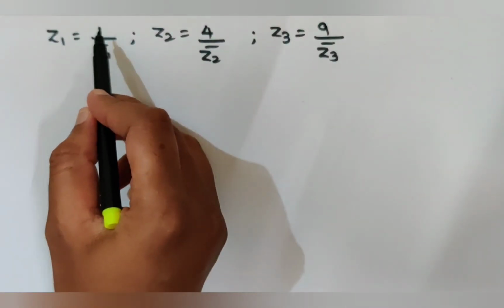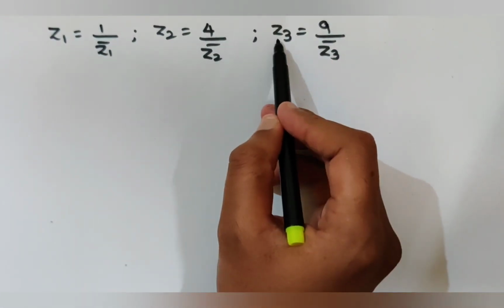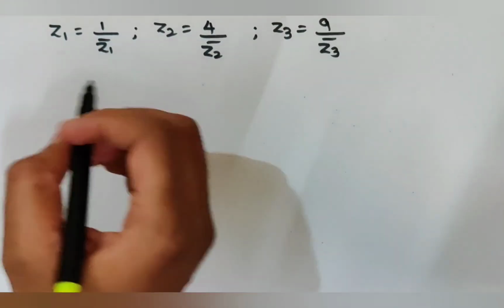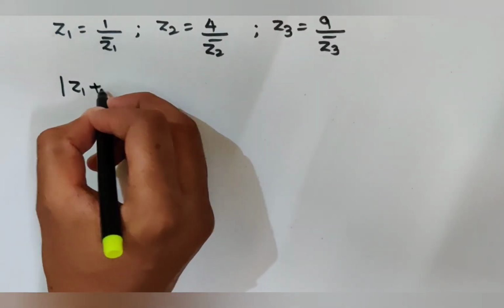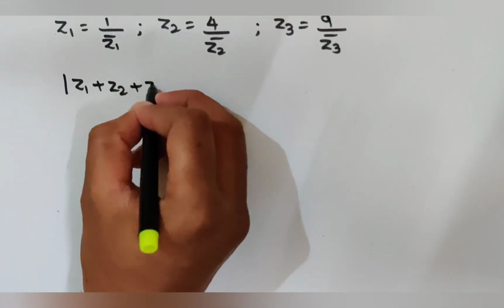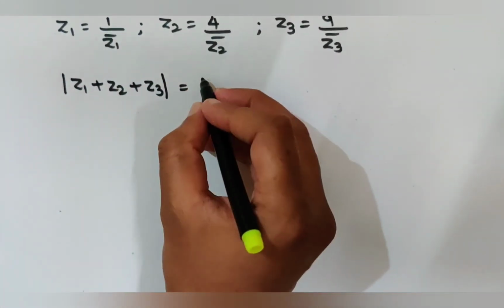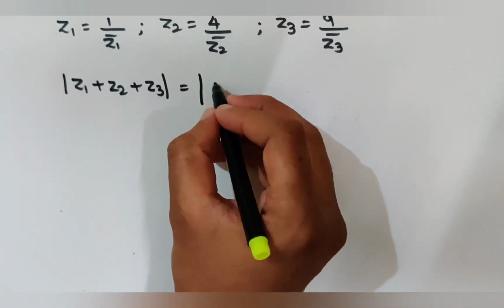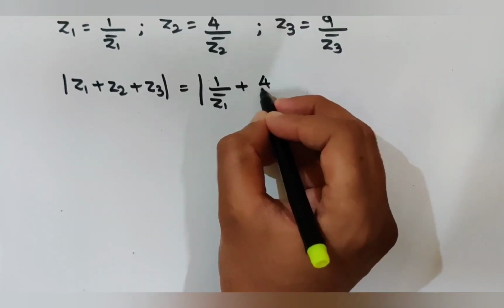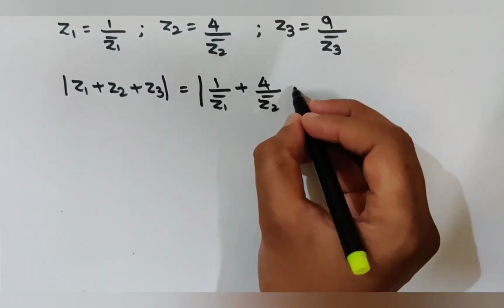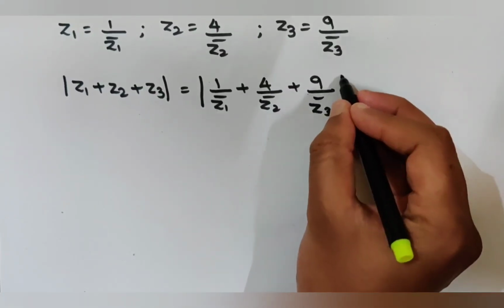So z1 is 1 divided by z1 bar, z2 is equal to 4 by z2 bar, z3 is equal to 9 by z3 bar. I want the value of modulus of z1 plus z2 plus z3. I'm going to substitute the values. So modulus of 1 by z1 bar plus 4 by z2 bar plus 9 by z3 bar.